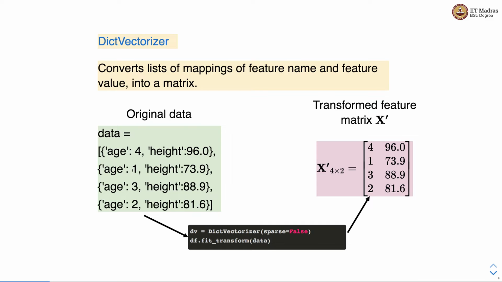The second sample has age of 1 and height of 73.9, and so on. So this is how the dictionary vectorizer works. If you have data present in the form of a dictionary or a data frame, the dictionary vectorizer converts that into the feature matrix.